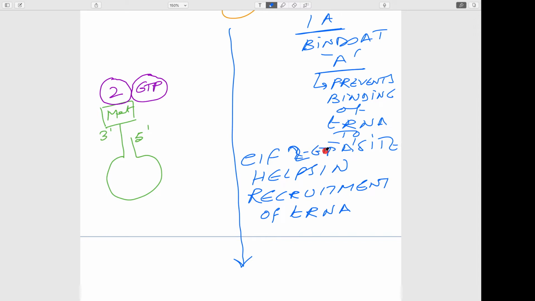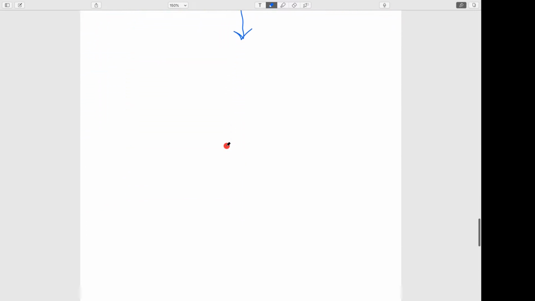EIF2 with GTP. Next, this one we call the ternary complex. This is the ternary complex. In this ternary complex, what do we have? The transfer RNA with the methionine, and EIF2 and GTP. So it binds. Once it binds, let us see what is happening.